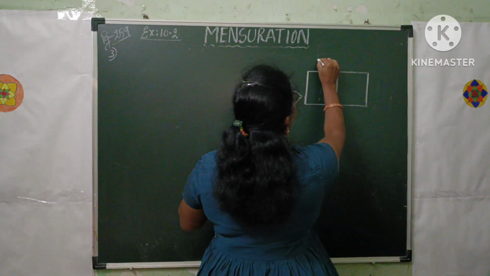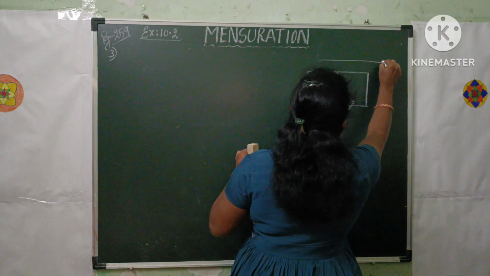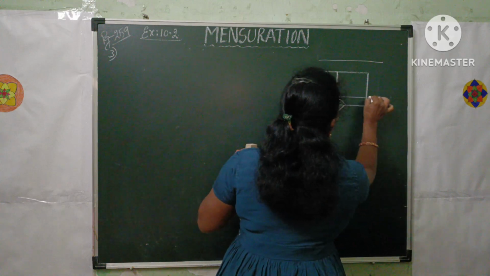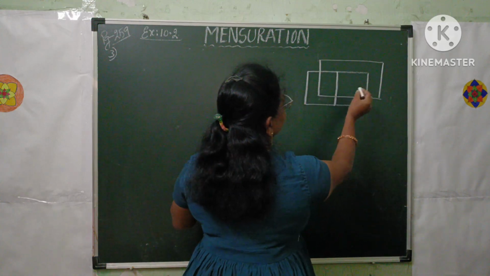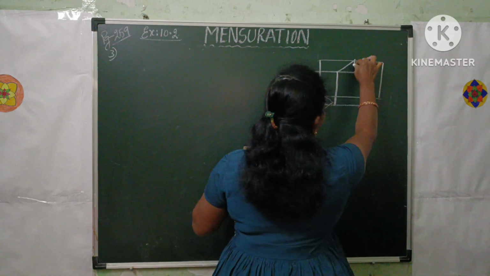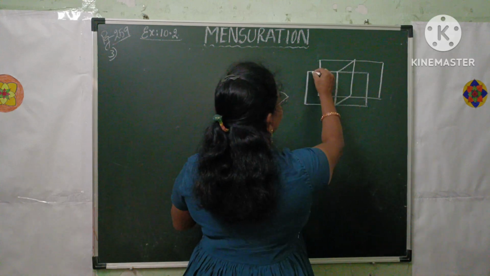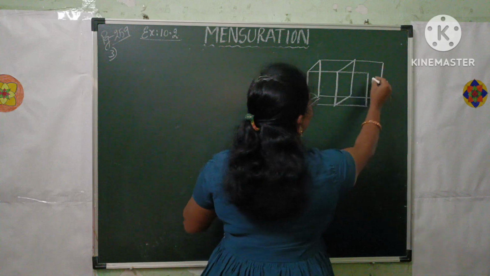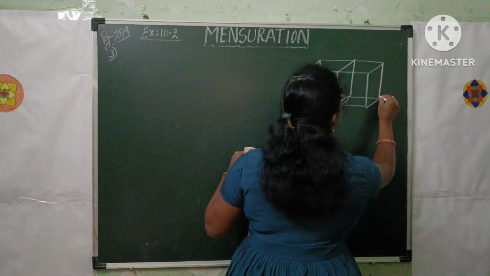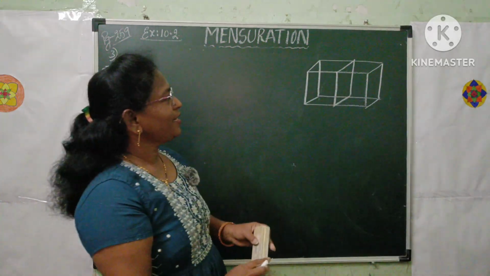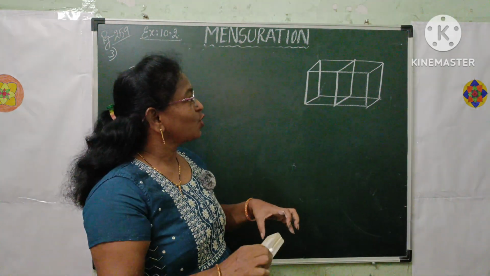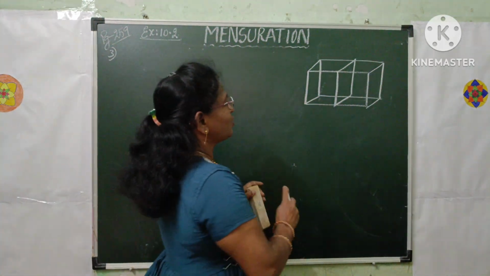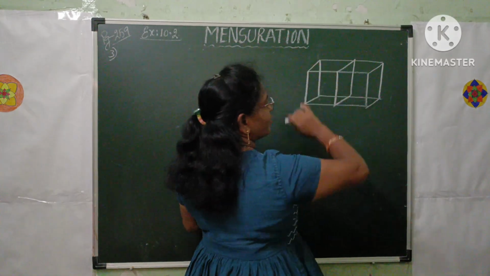Again, here one more rectangle you draw. Yes. How many cubes are there here? What they said? Two cubes are joined to each other. Okay. So this is one cube, this is one cube.